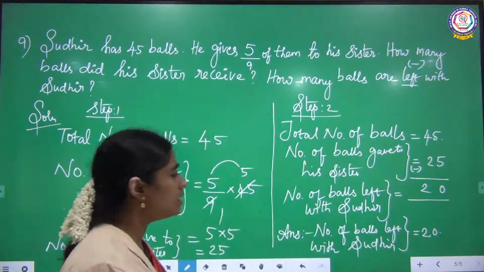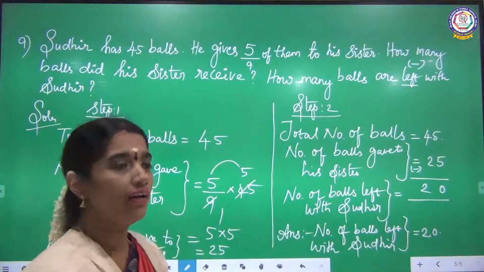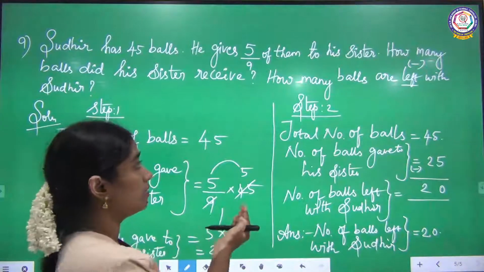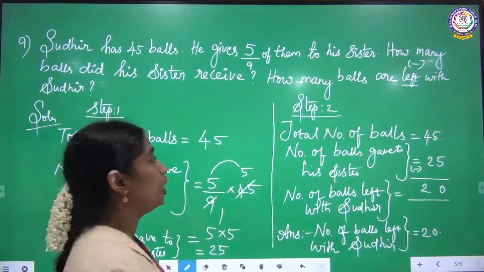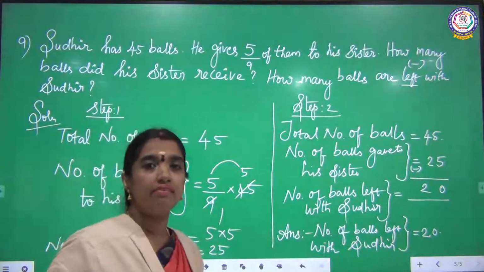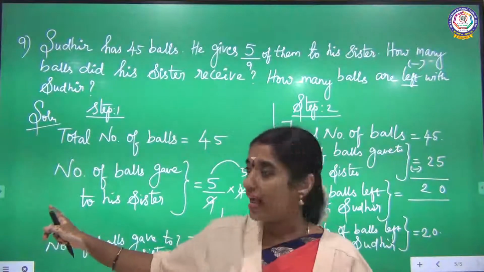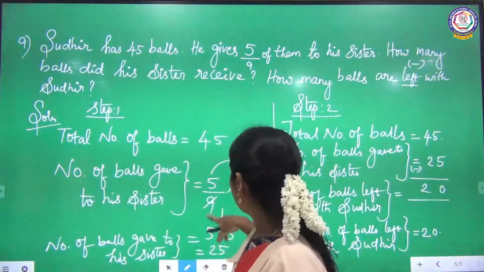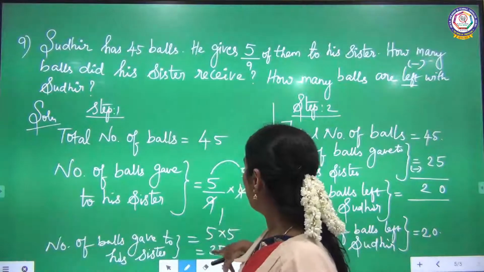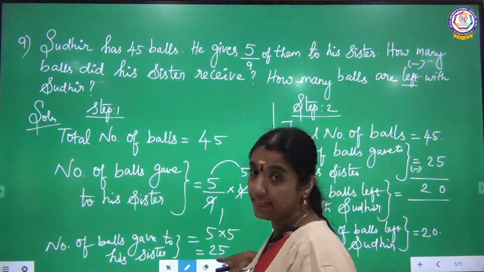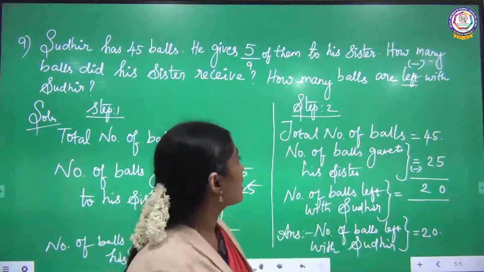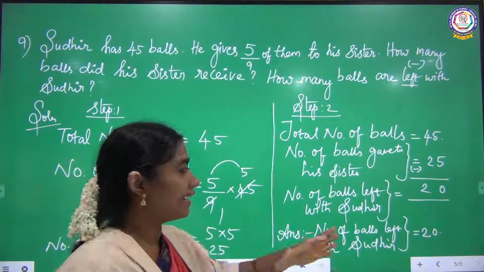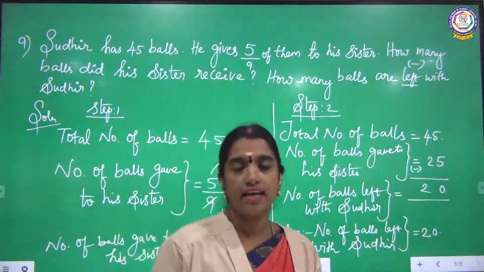Can you understand this, children? See this sum, I did this in 2 steps. In the first step I wrote the total number of balls, and what was given as a fraction. I completed that by finding the whole number, 25, and after finding this I subtract it and get the answer. Thank you children.